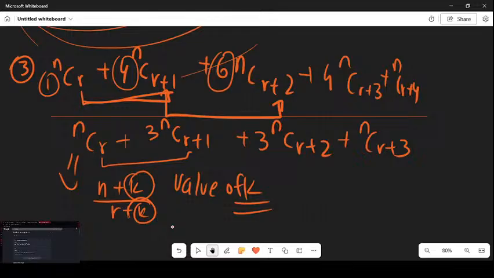I'm just checking through the notes. r minus 1, r plus 1, here it will become 3r plus 2, and that will become n plus 1 C something, and that would become 3, that would become r plus 1, I guess.